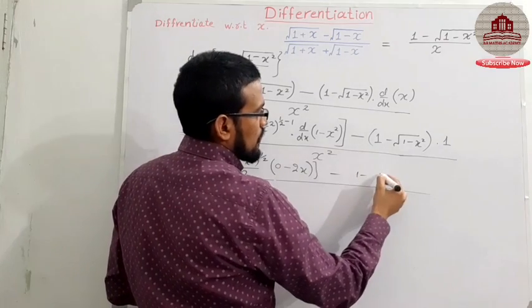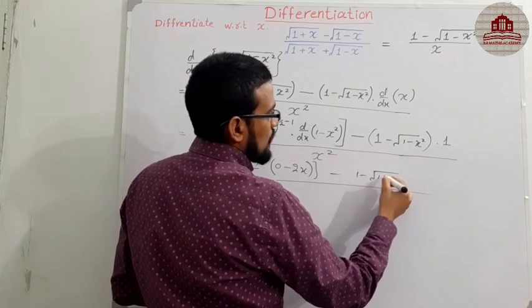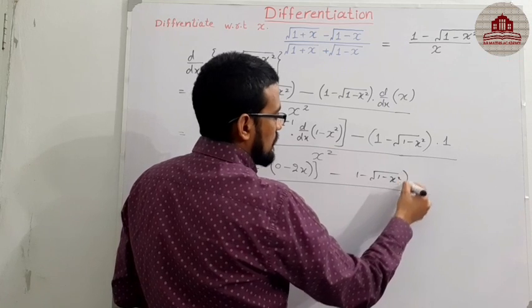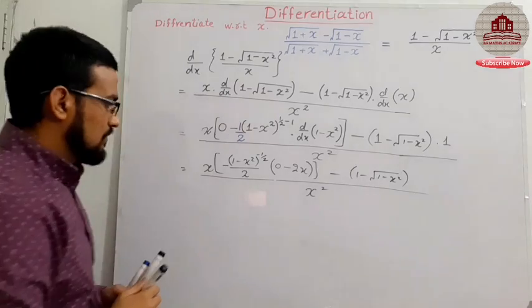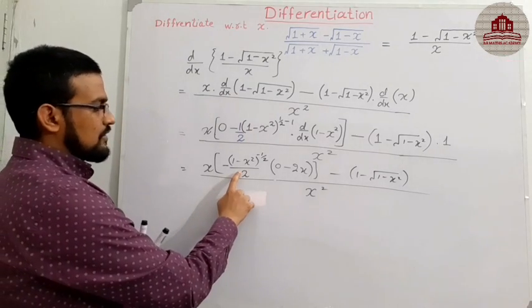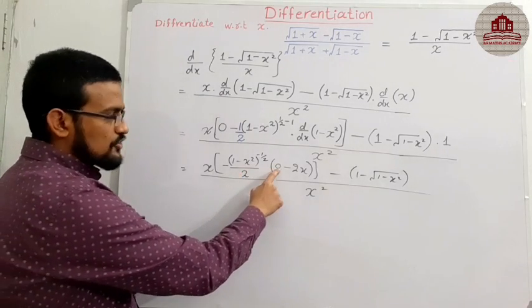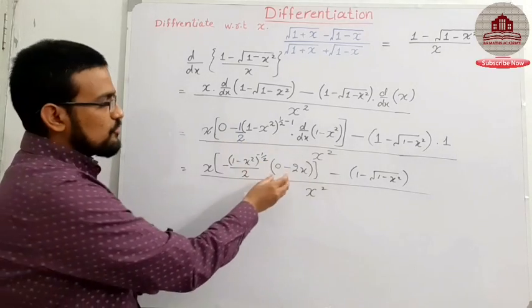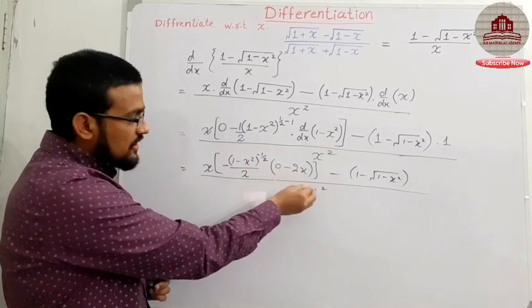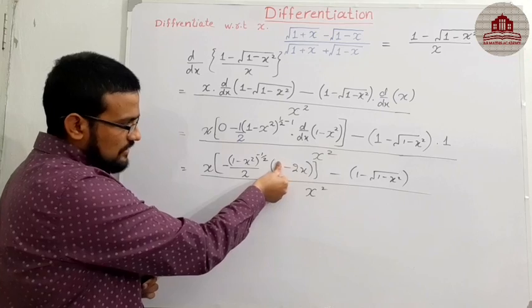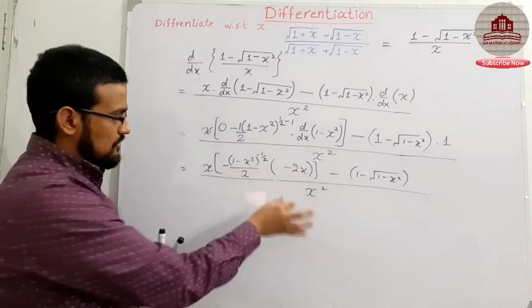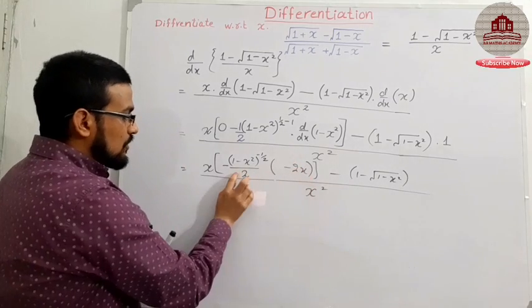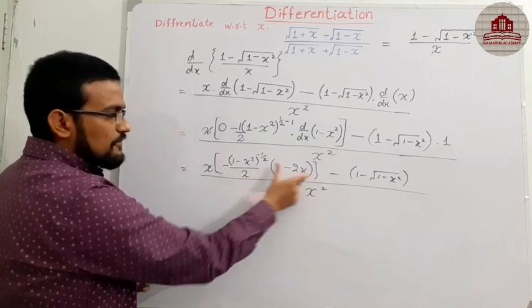And here 1 minus x square. See students, 0 minus 2x means only 2x. Okay, 0 is not necessary, so 0 can be removed, and it's a multiple with each other.